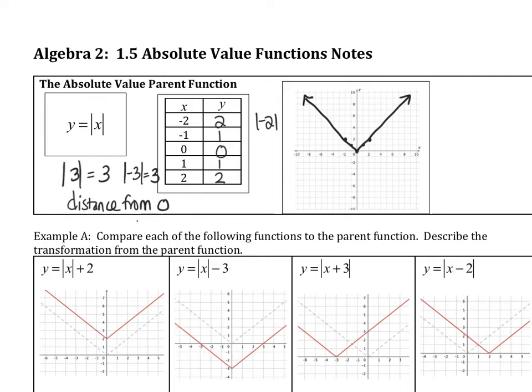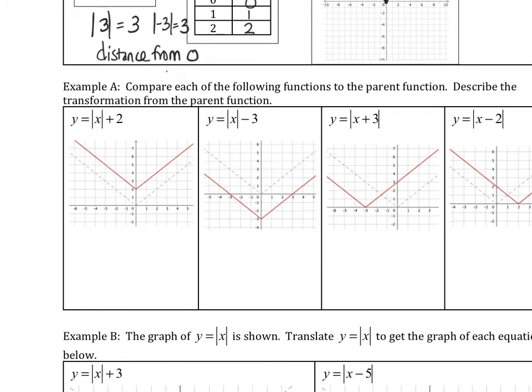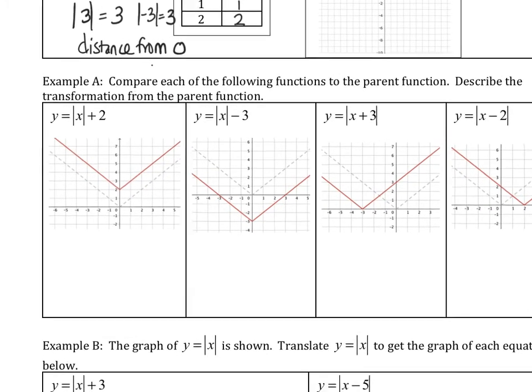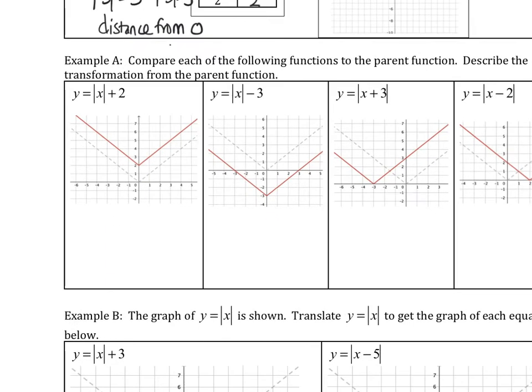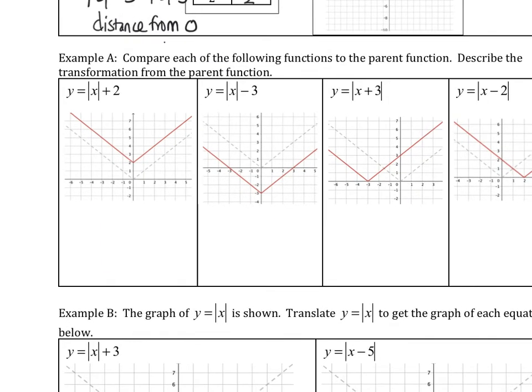Let's start looking a little more closely at what the absolute value functions can look like compared to the parent function. There's a couple of things to notice about each of these graphs. First of all, the parent function, or the original function that we graphed, is the dotted line. So we're looking at the dotted line and what happened from the dotted line to the red line.